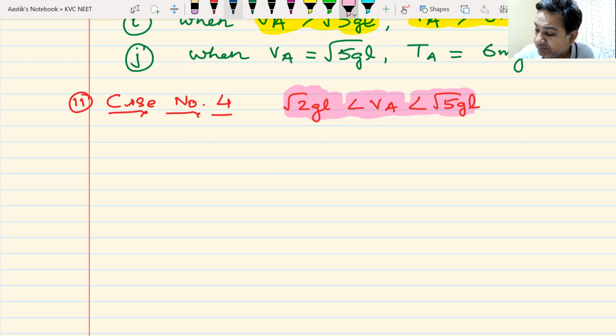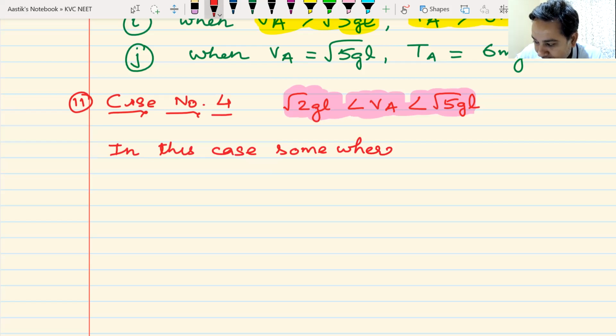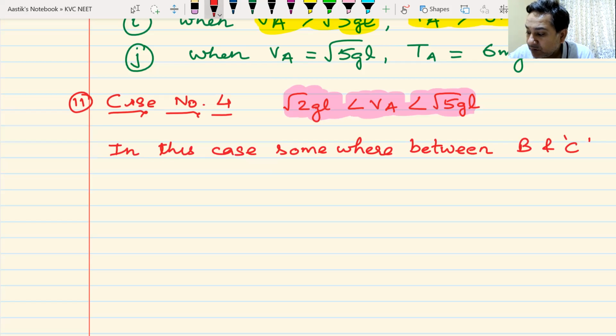Anyone? What will happen in this case? In this case, somewhere between B and C, depending on how much is the speed.